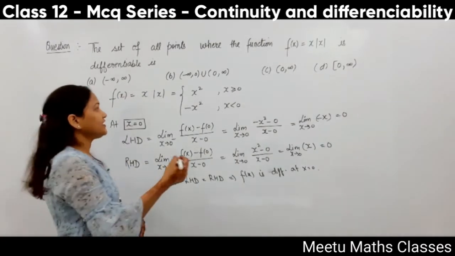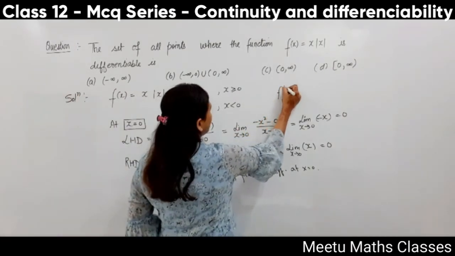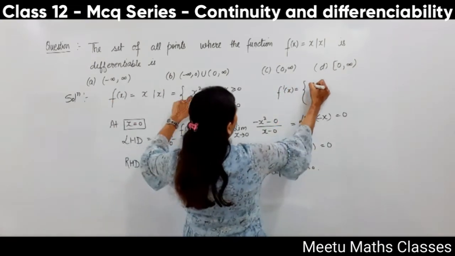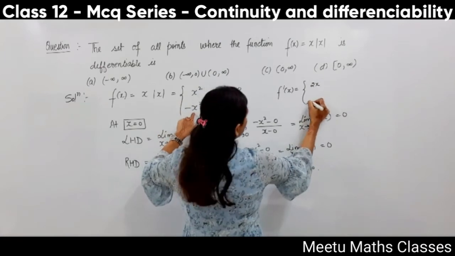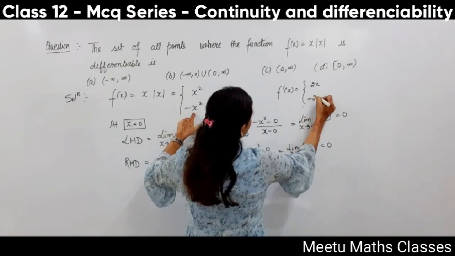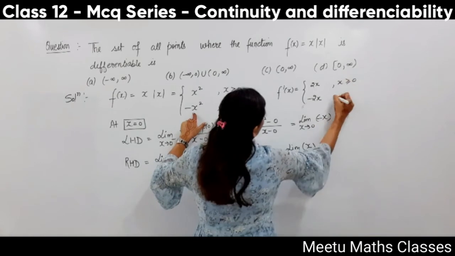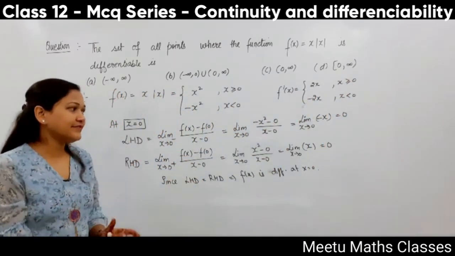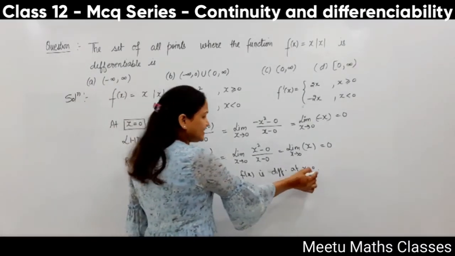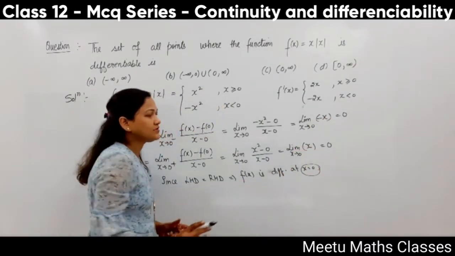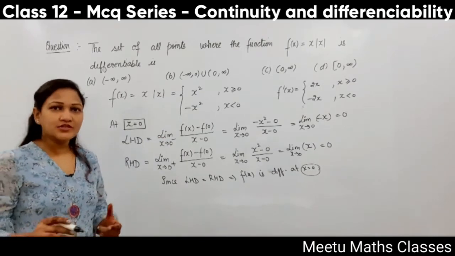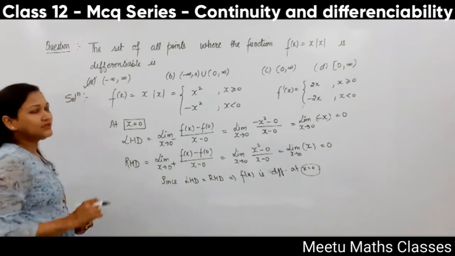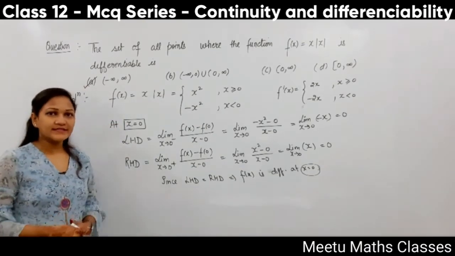And to check differentiability you can also find the derivative function. Your derivative function is: the derivative of x square is 2x, and the derivative of minus x square is minus 2x. So here if you see, the derivative exists, so your function is differentiable everywhere and at x is equals to 0 your function is also differentiable. So it is differentiable on the whole of its domain and the domain is minus infinity to infinity. So your option A is correct.